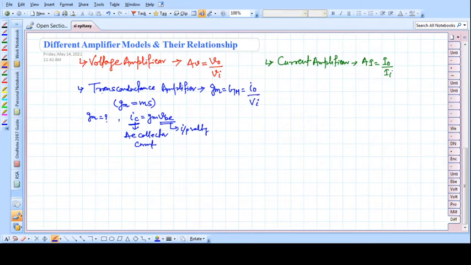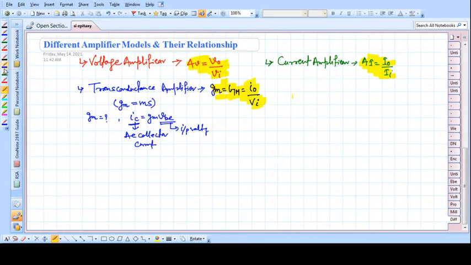Again I want to remind: this one is our voltage amplifier AV, V naught by VI. This one is the current amplifier, and this one is our transconductance amplifier, in which we take the output as a current and the input as a voltage.